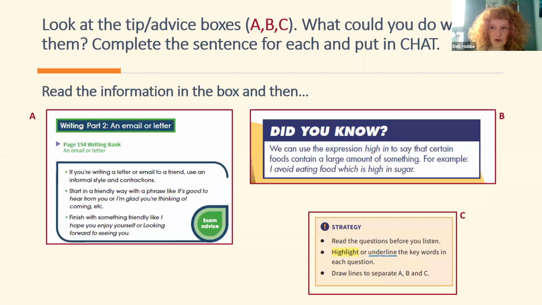But I just want you to think about what you could do with these tick boxes, complete the sentence for each one, and please put your ideas in chat. So we have A, B and C, 3 examples. Please think about how you could use those in class, and please do share your ideas in the chat box.